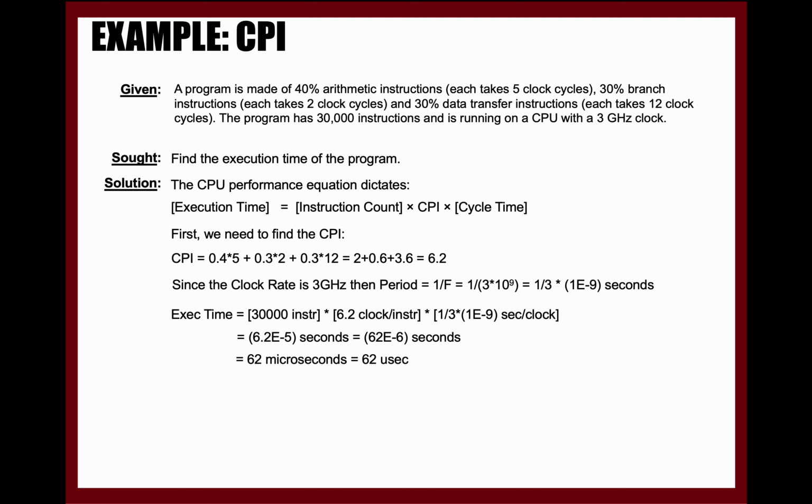Given that our CPU's clock rate is 3 GHz, the clock period or cycle time is the inverse, which is approximately 1 by 3 times 10 to the power of minus 9 seconds, or 0.33 nanoseconds.